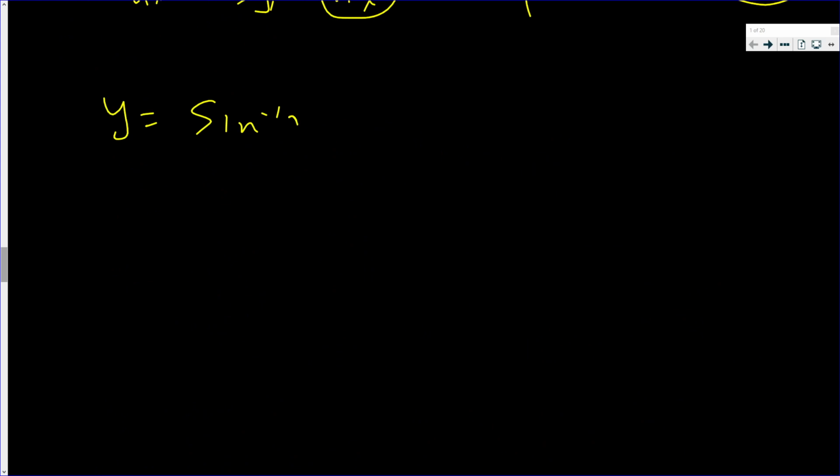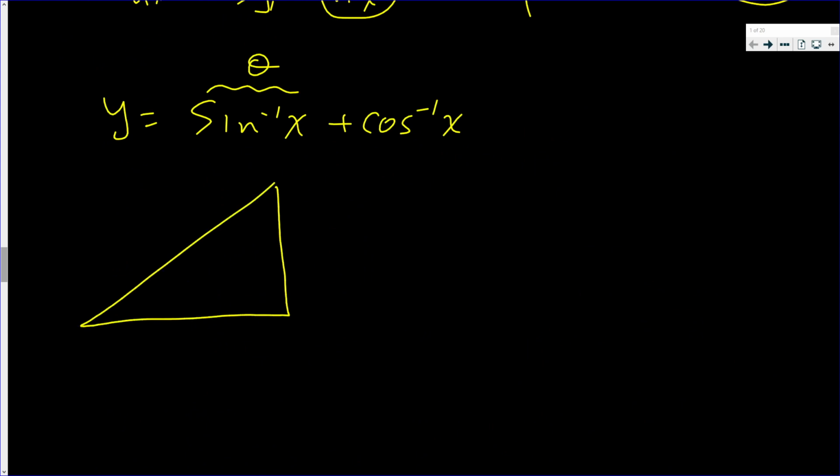So y is equal to sine inverse of x plus cosine inverse of x. Well, let us call that theta. Well, what we know is that the sine of theta is x over 1.